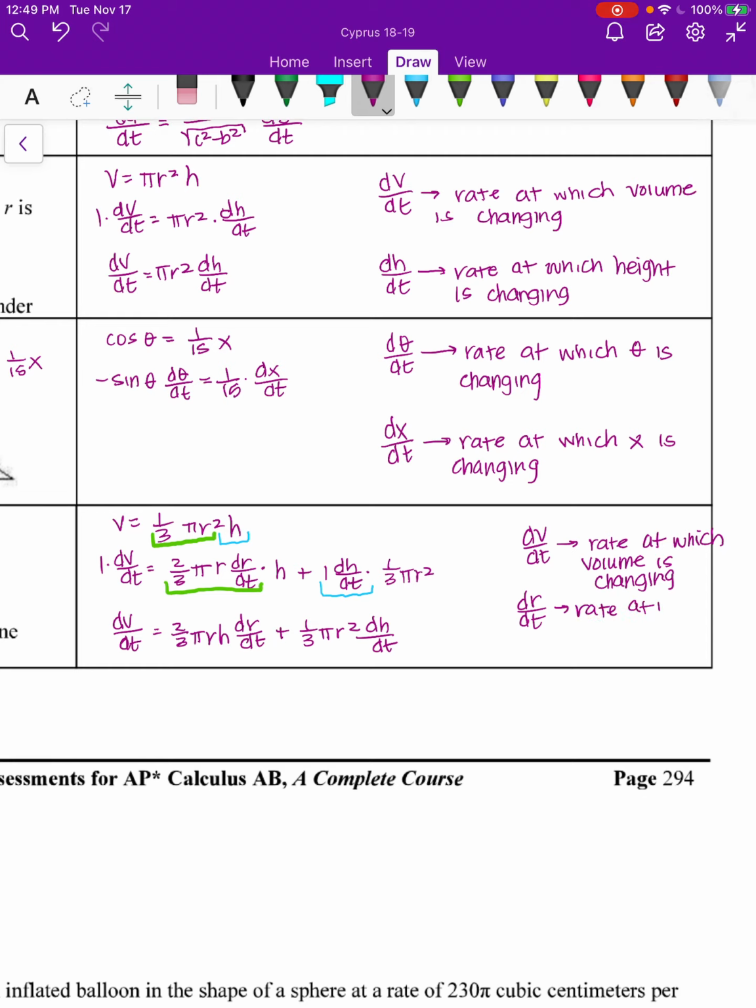Dr dt, which is the rate at which the radius is changing. And then dh dt, which is the rate at which the height is changing.